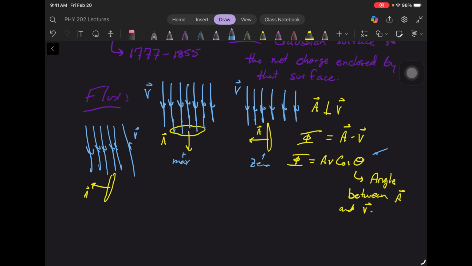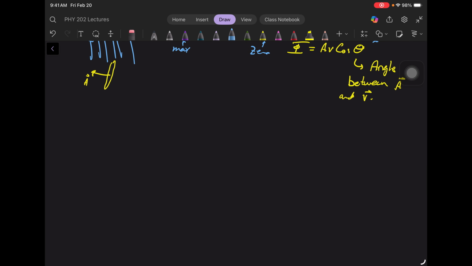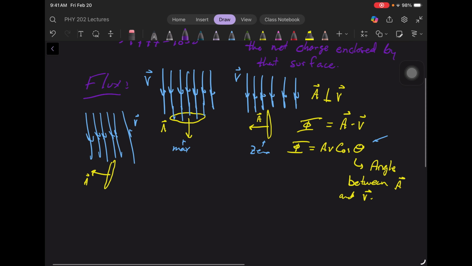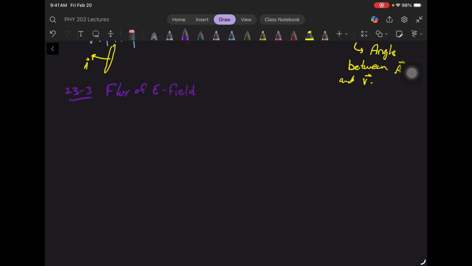Now let's think about the flux of an electric field, sections 23-2 and 23-3. The flux of an electric field, which we'll abbreviate as the E field.